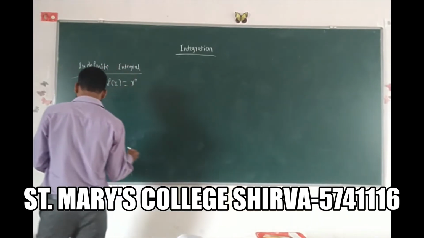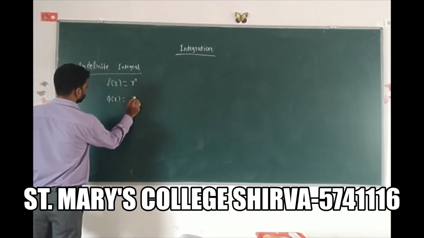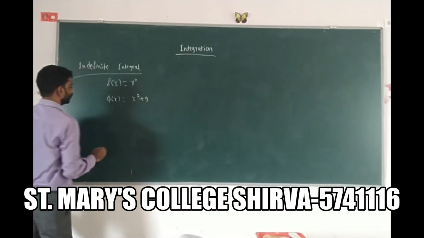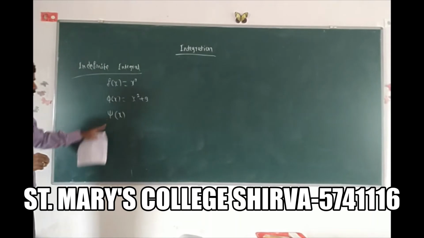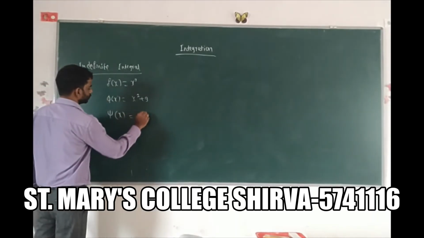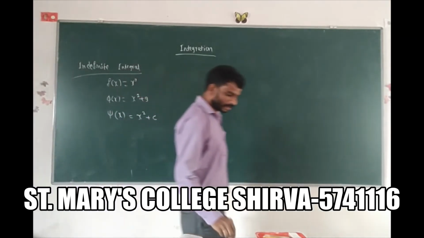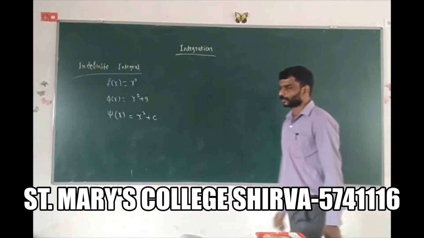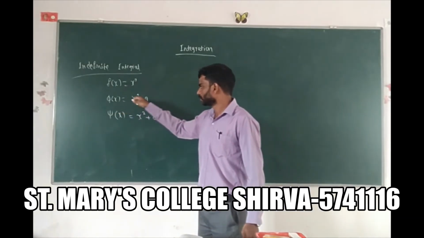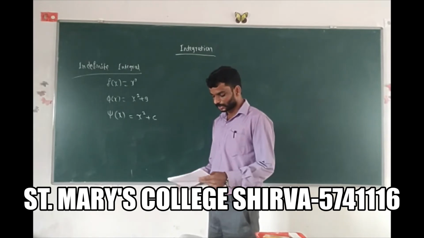We take one more function, phi of x equal to x square plus 9. We take one more, psi of x equal to x square plus c, where c is a constant. So these are the three functions: f of x equal to x square, phi of x equal to x square plus 9, and psi of x equal to x square plus c.